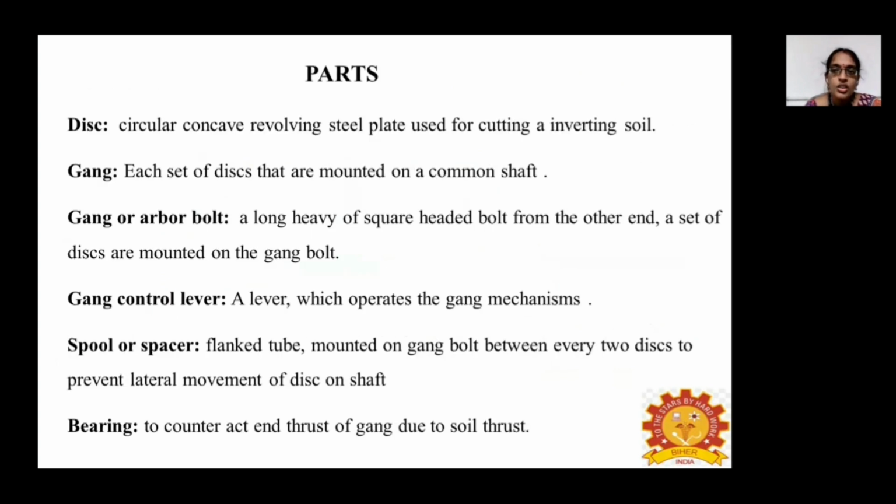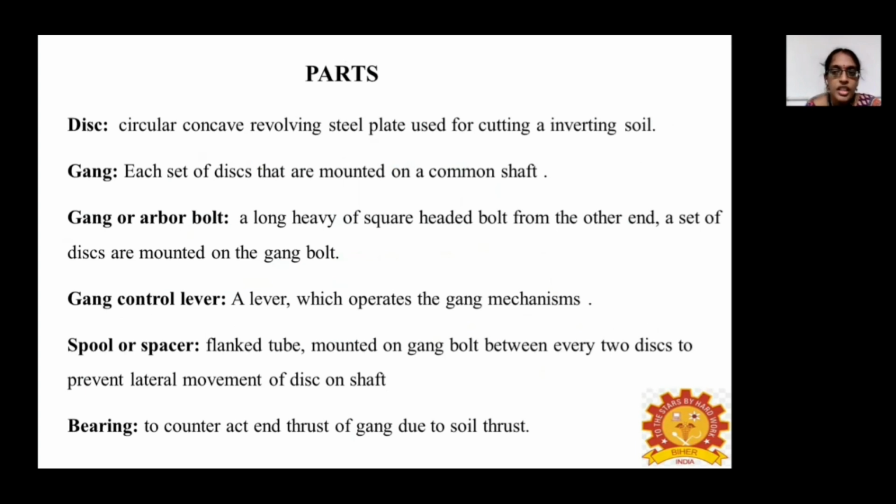And the disc is a circular rotating part, and the gang is a shaft to which it is attached, and the gang bolt or arbor bolt is used to fix it. The position of the gang can be controlled by using the gang control lever, and the spool or spacer is mounted on the gang between the two discs to prevent the lateral movement of the disc.